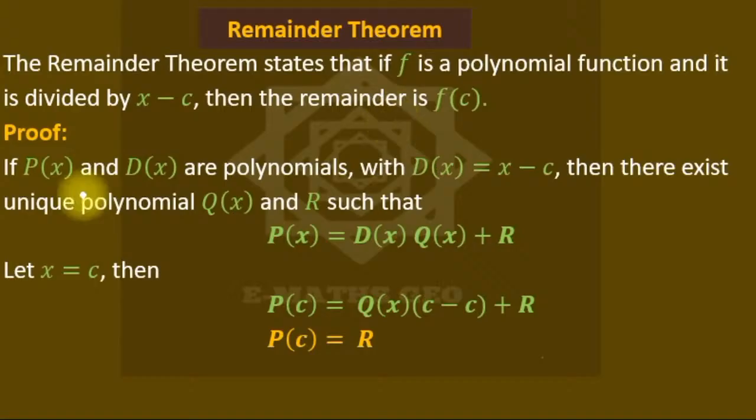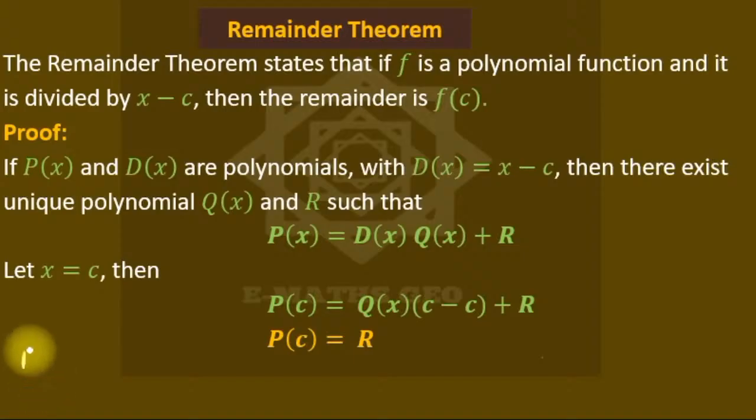So let's prove it. If you have p of x and d of x as polynomials with d of x equal to x minus c, then there is a unique pair of polynomials q and r such that this holds.